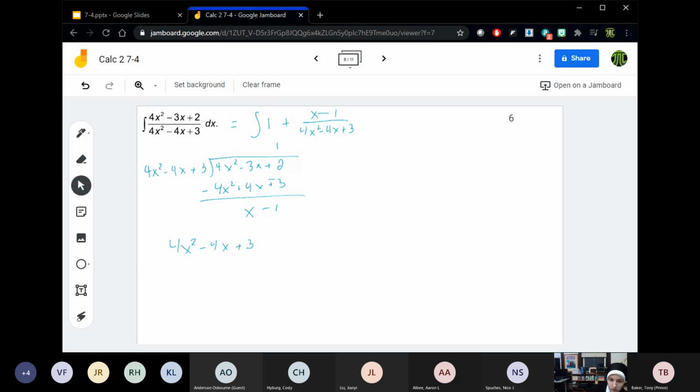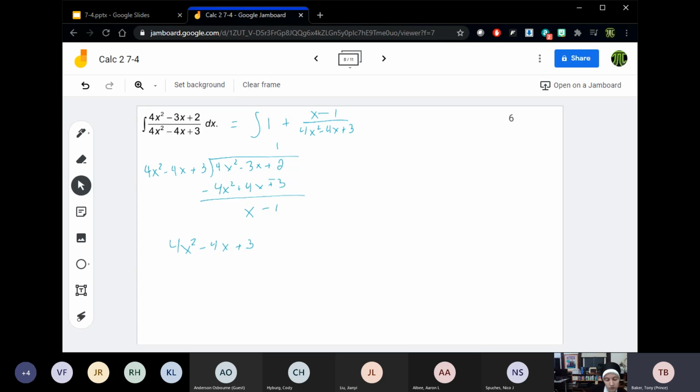So we actually can't factor it the straight way. So we're going to have to do kind of a u substitution. We're going to change this into vertex form, and then we're going to do a u substitution from there.